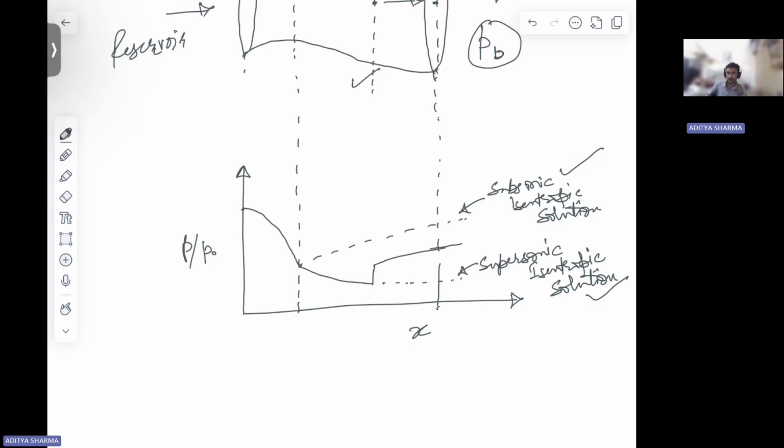At some point, it has overexpanded to its fullest, and further, it cannot expand. In that case, you get a normal shock here. So this is the overexpanded case.